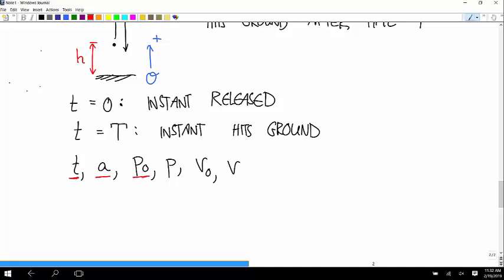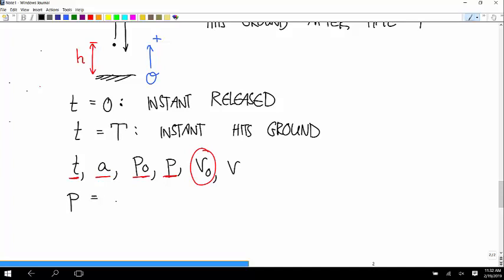We know P sub 0, that's positive h. We know P, because it hits the ground. We don't know either of these, and we're trying to find this. So now we're looking for an equation that has V0 in it, and everything else in it is known.